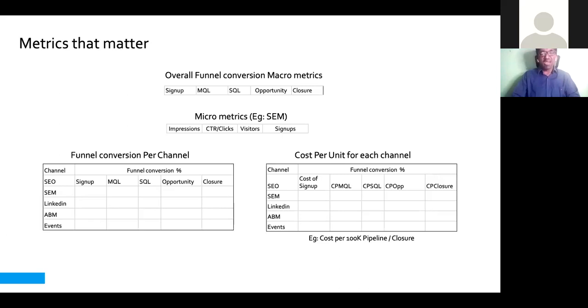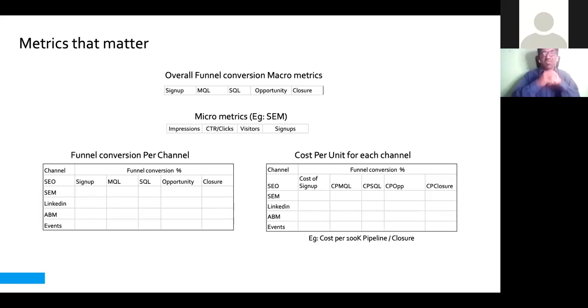In the same lines, the whole idea is to slice this entire funnel into smaller funnels and truly optimize these micro metrics, so that your overall metric of a specific stage would essentially improve. So that's the second segment of metrics.